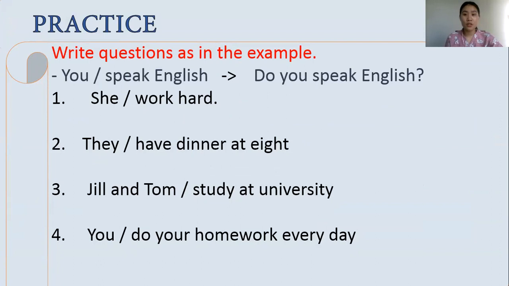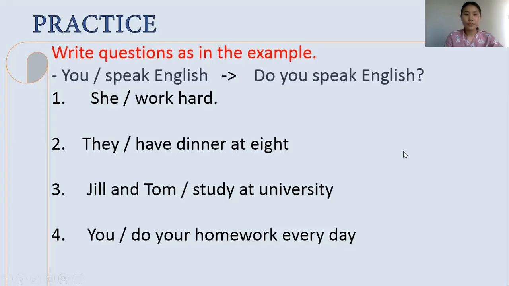So you have the questions. And at the end of the sentence, you put the question mark. And when you speak English, remember that with he, she, it, you use does to make the questions. So when I say: Does she work hard?